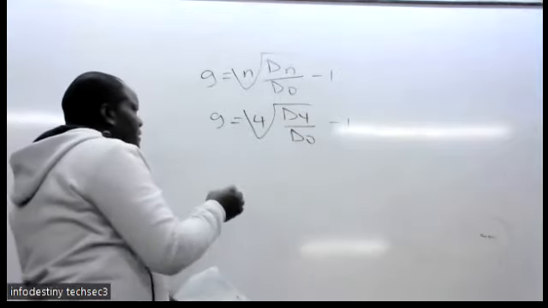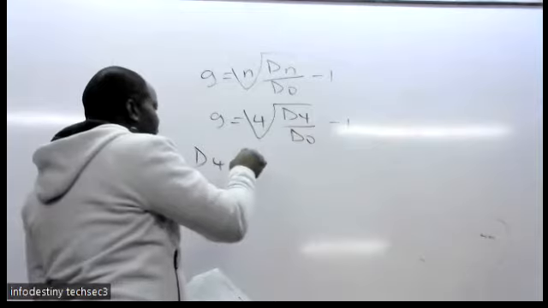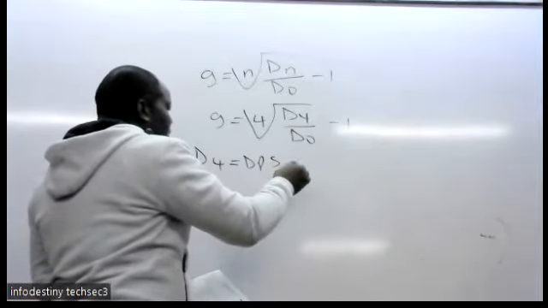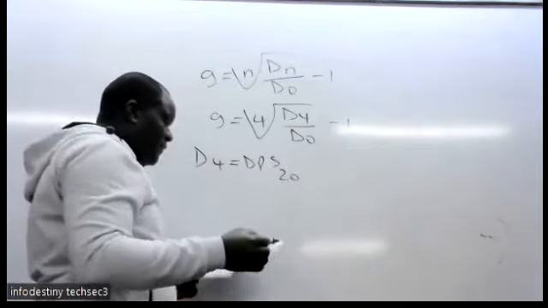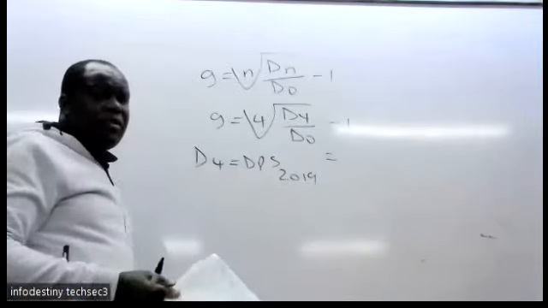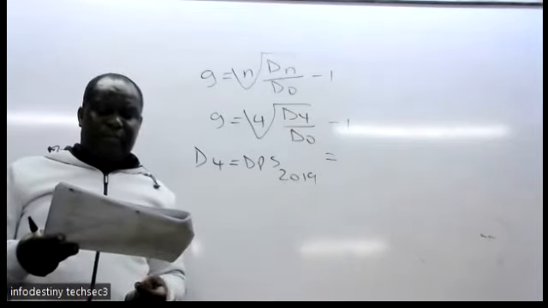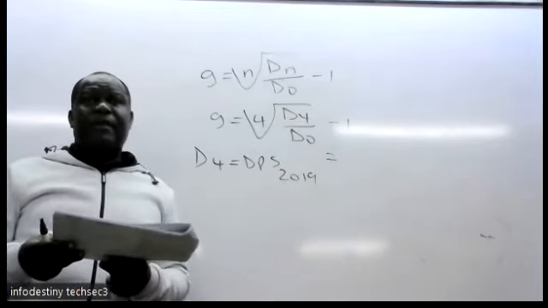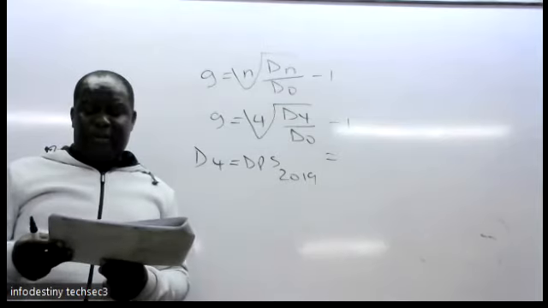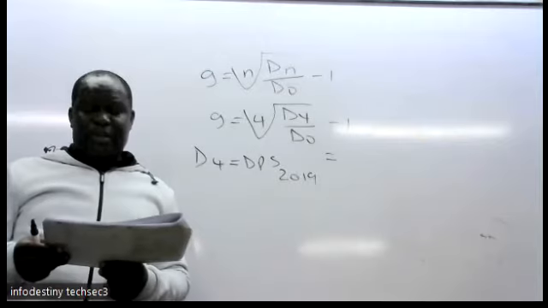So we need to calculate D4. D4 is the dividend per share in the year 2019, whereby you go to the question, you are given the dividends for the year 2019. Are you able to see the dividend in the year 2019?